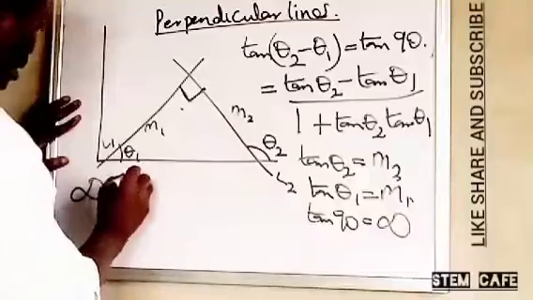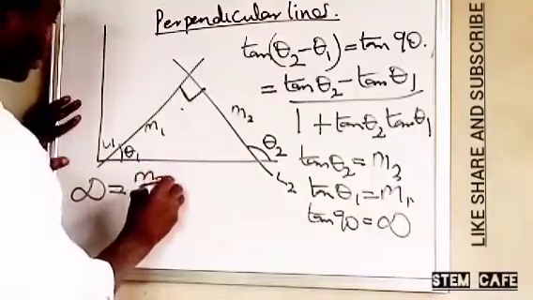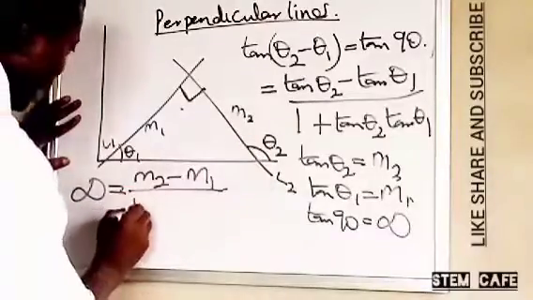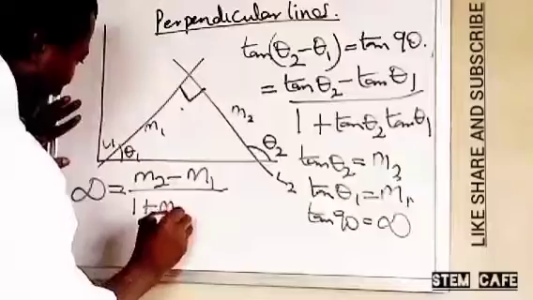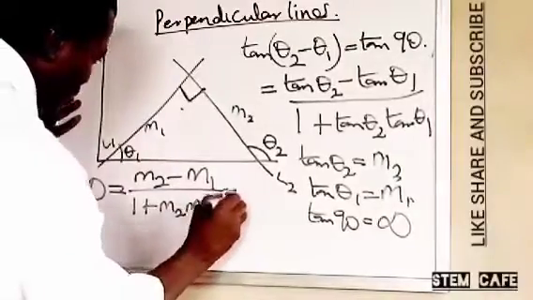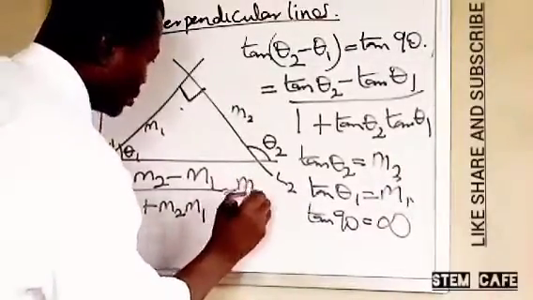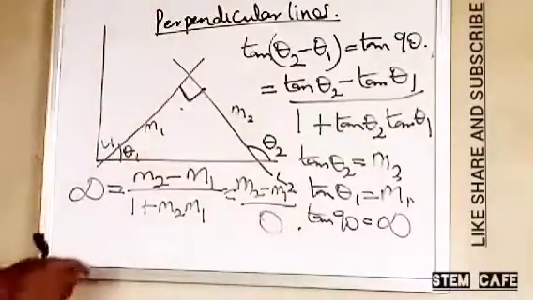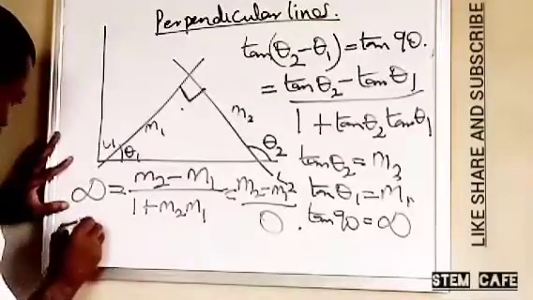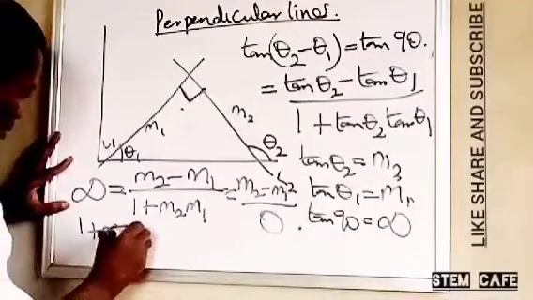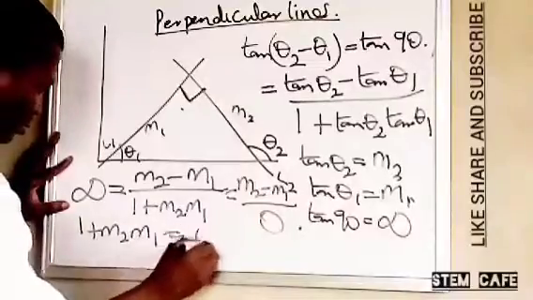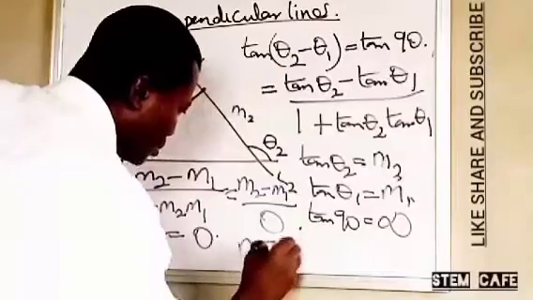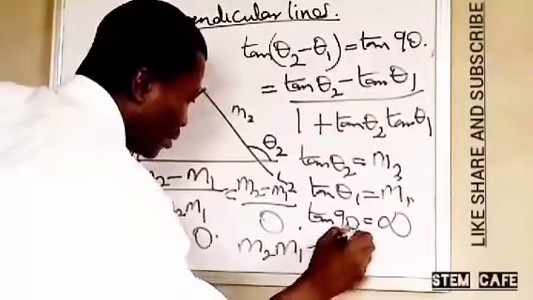That is, (M2 − M1) over (1 + M2 M1), which is (M2 − M1) over 0. So 1 + M2 M1 is equal to 0. So M2 M1 is equal to minus 1.